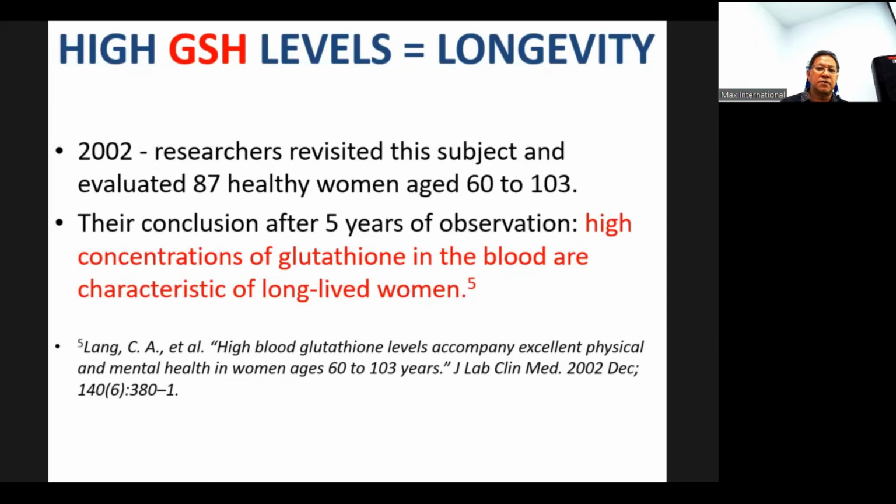They followed older women for 5 years, and they found that high concentration of glutathione in the blood were characteristic of those who didn't die or who died later, the long-lived women. So if you want to live long, make sure you have high levels of glutathione.